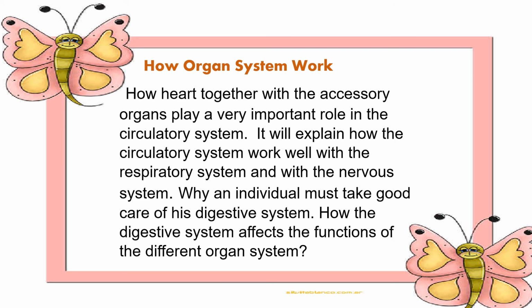It will explain how the circulatory system works as well with the respiratory system and with the nervous system. Okay? So try to look at how these organ systems work together, or simply their connection when it comes to their functions or when they work together.